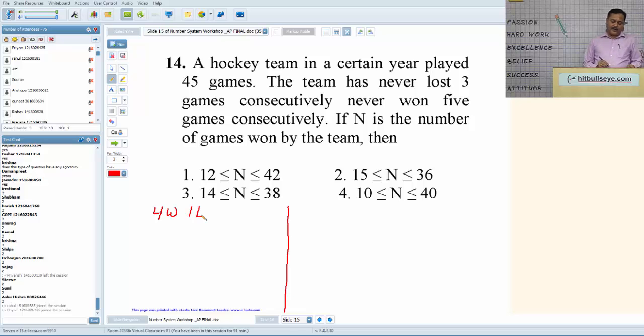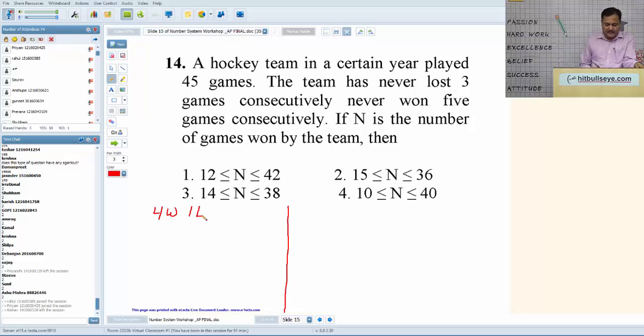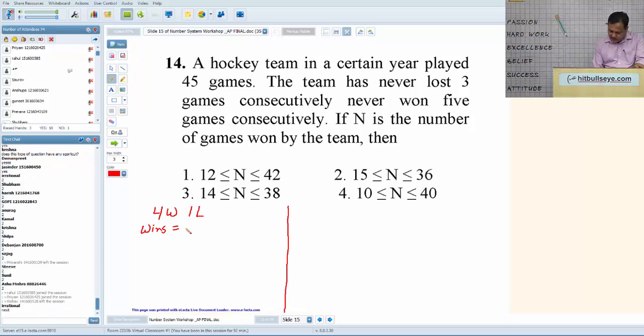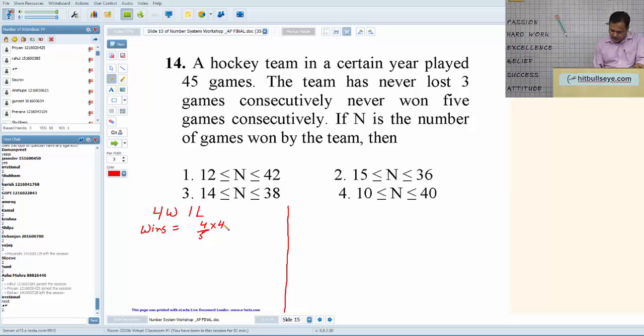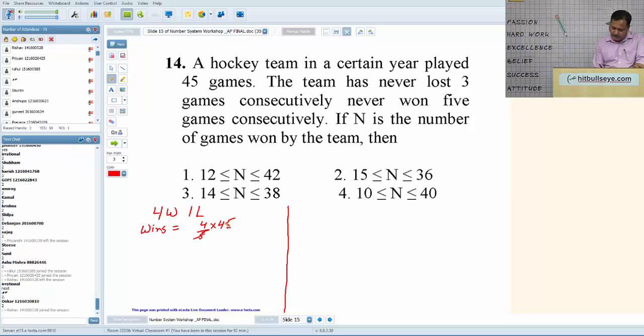That means out of 5 games, he wins 4 games, and total number of games 45. So number of wins at the max is equal to 4 out of 5. So out of 45, he can win at the max 36 games.